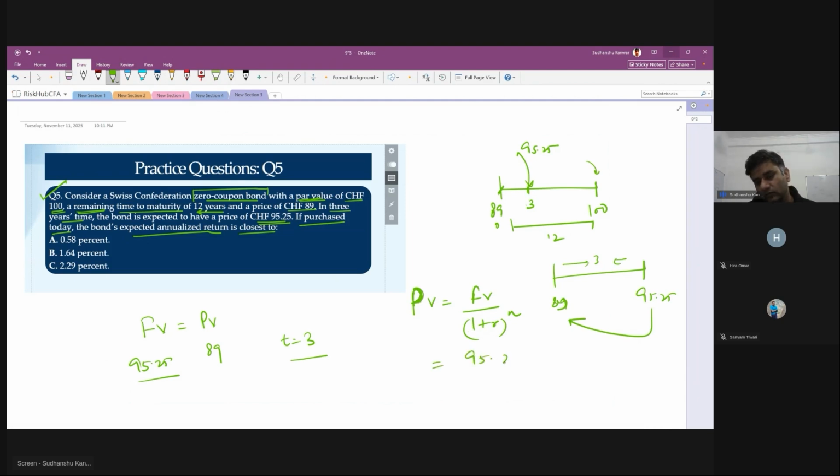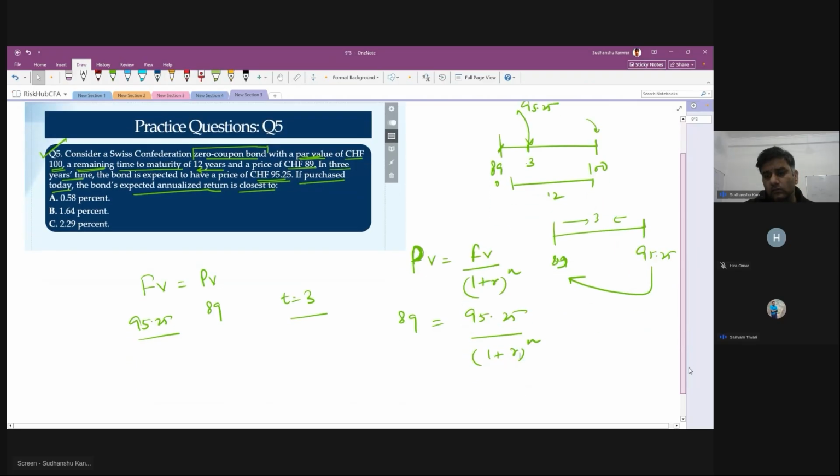So we'll divide 95.25 by 89 and put the power of 1 by 3. So N is 3.